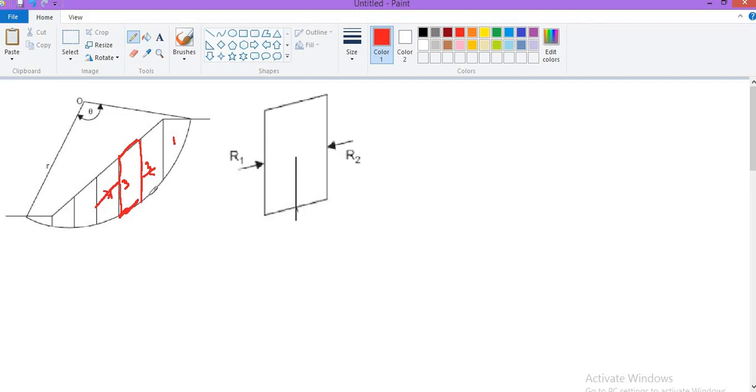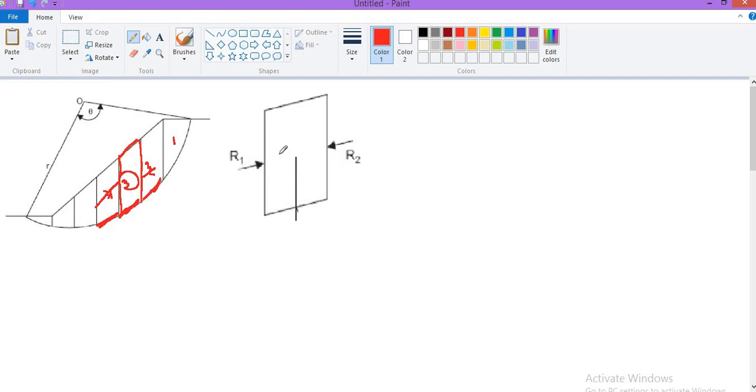You can see the bottom of the slice is a curved surface, but if we divide this into a very large number of slices, this surface will become approximately planar or linear. So this is the enlarged view of one of the slices, number 3.